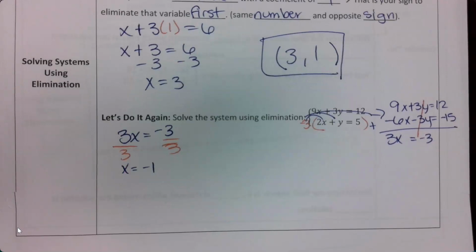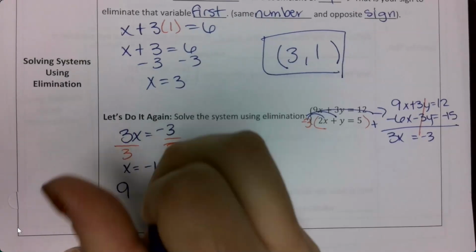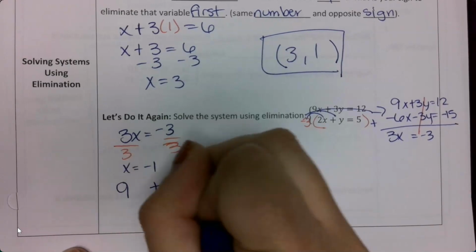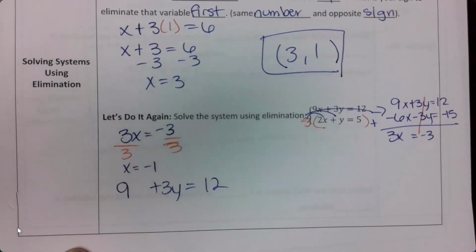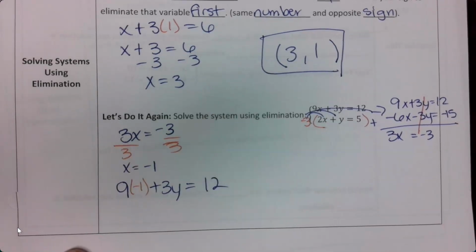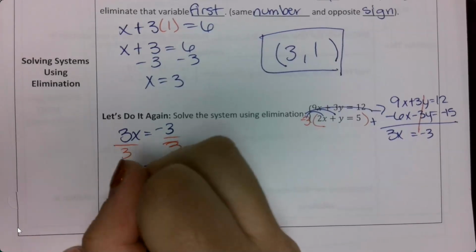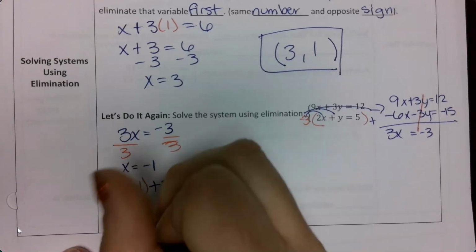Then what? Which equation do you want me to plug into, top or bottom? Okay, top one it is. It should work out the same if you pick the bottom one. What is 9 times -1? Oops, what am I doing?